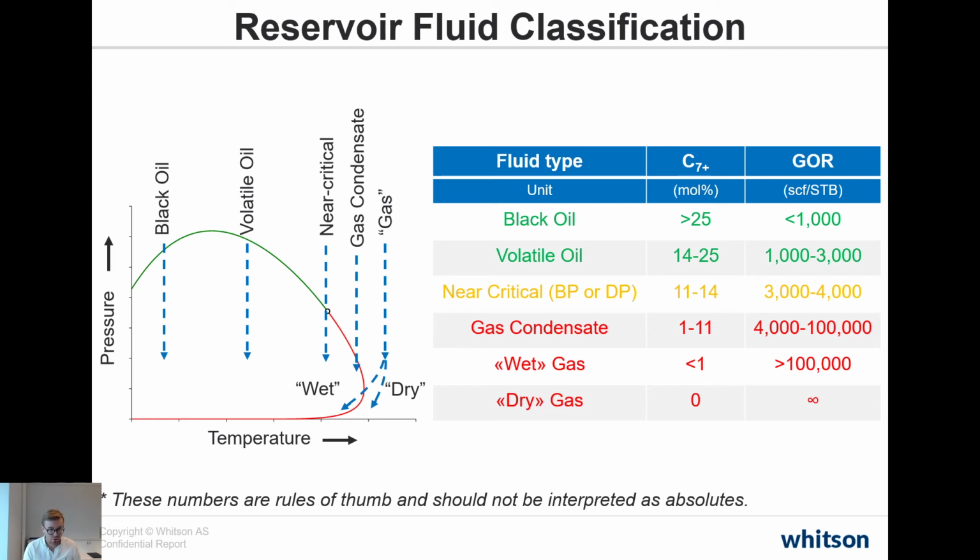We could also have used C6 plus or C5, but we use C7 plus because it's a very good proxy to communicate fluid type, and also that part of your fluid that translates into what has the most value, at least today, which is liquids.